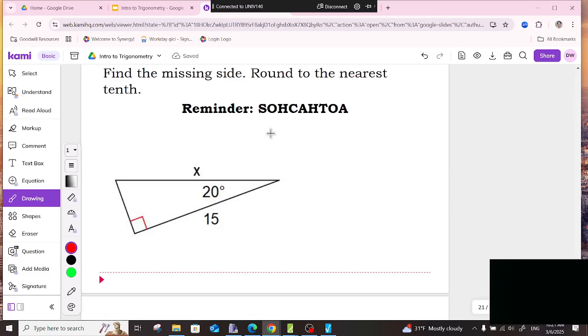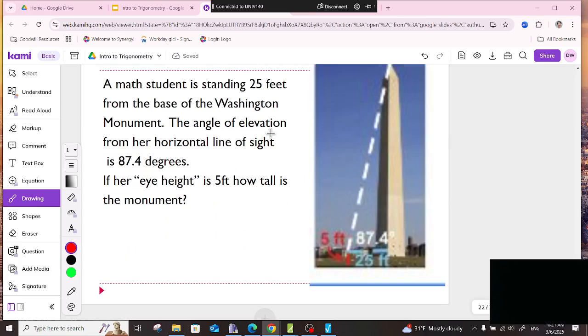Now, this one's not on there, I don't think. So here, you do have this one, right? This is what we are going to do when we go outside, except we're not going to do the Washington Monument. A math student is standing 25 feet from the base of the Washington Monument. The angle of elevation, that means her looking up from her horizontal line of sight, is 87.4 degrees.